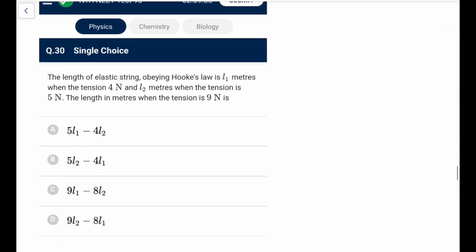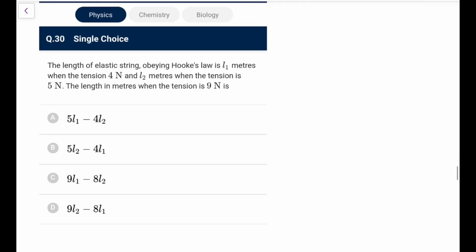Next one, the length of an elastic string obeying Hooke's law is L1 meters when tension is 4, L2 when it is 5. The length when it becomes 9 is? So again it's a very standard problem you must have seen. So what is L1?